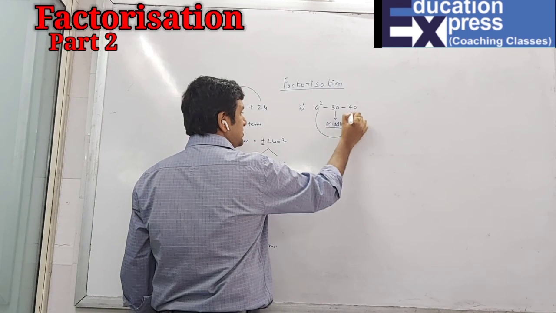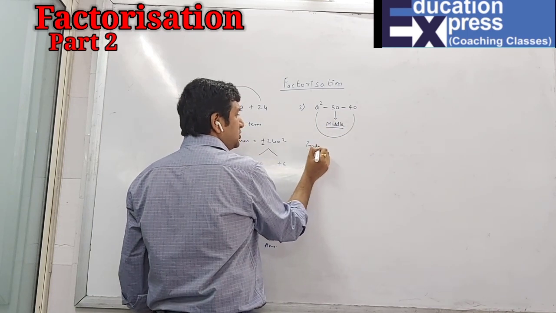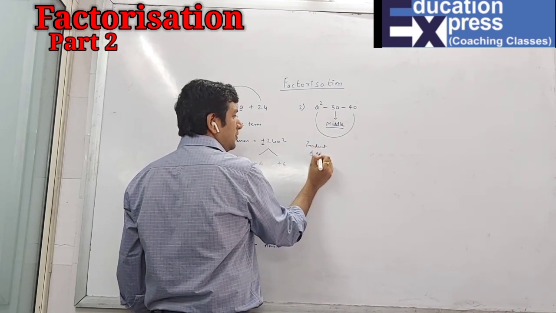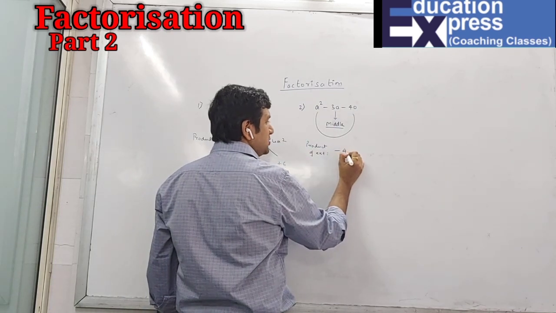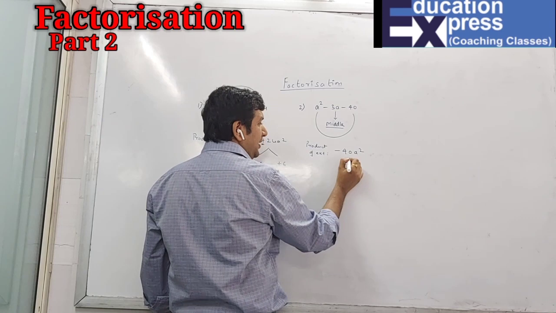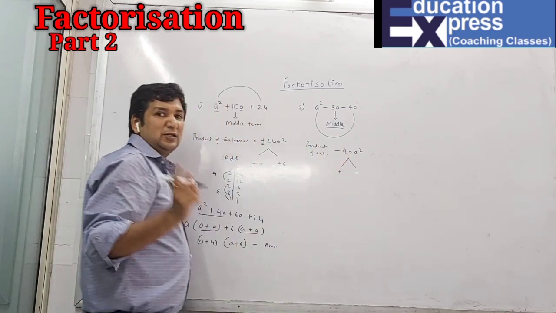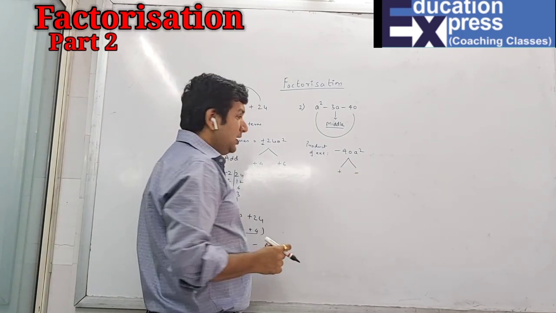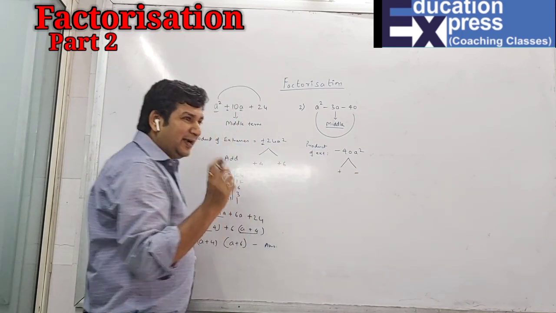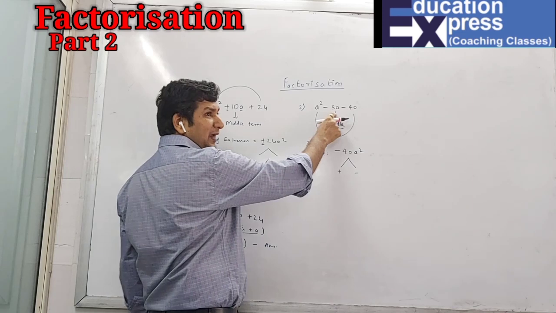What will be your extremes? The product of the extremes will be minus 40 into a square, which is minus 40a square, which immediately will tell you that you have to subtract, and while subtracting you have two signs, plus and minus. So now I have to subtract two numbers and get the middle term, that is 3.